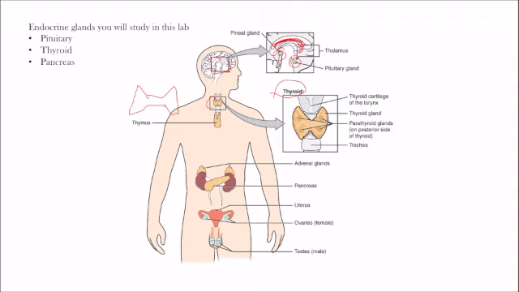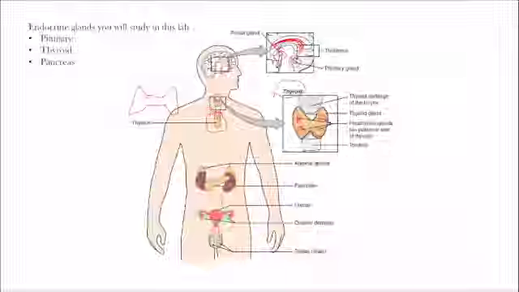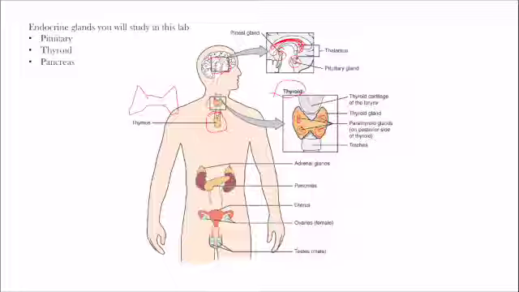In the posterior view, if you look at that, you can see four parathyroid glands. Then the thymus. Inferior to that, you can see two triangular shaped structures on top of the kidneys, which are the adrenal glands.